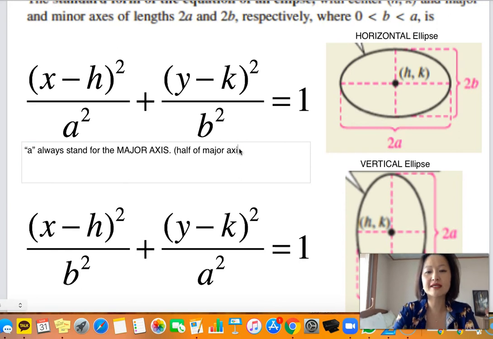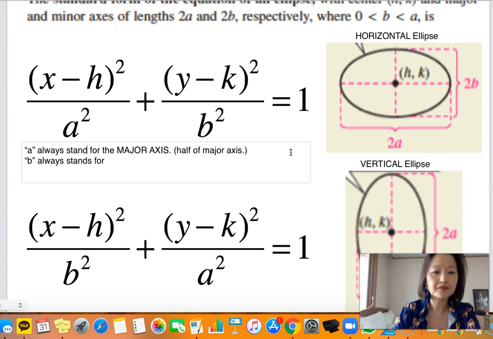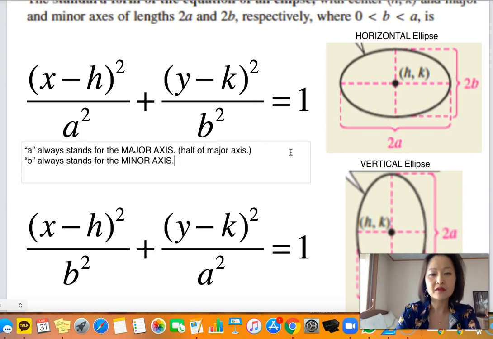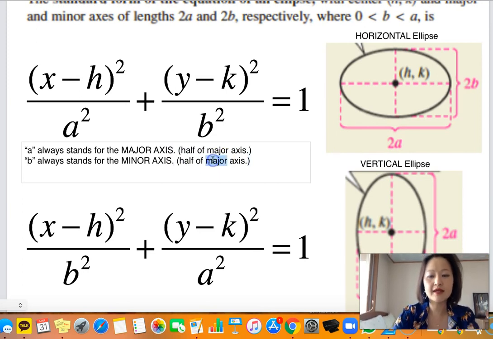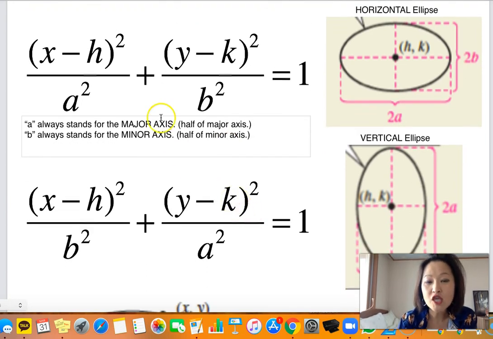Half of the major axis. That's why we need 2a to complete the major axis. And b always stands for the minor axis, or we could say half of the minor axis. So let's write that too.